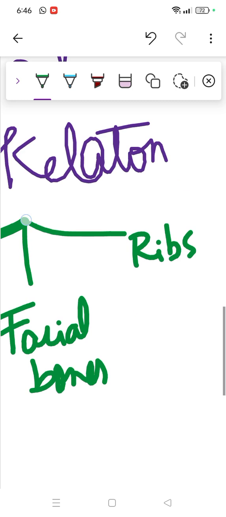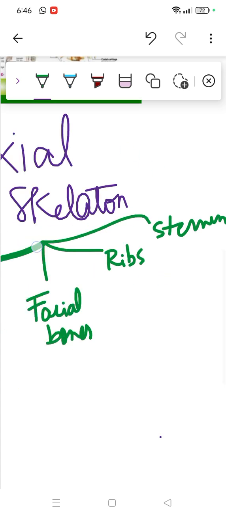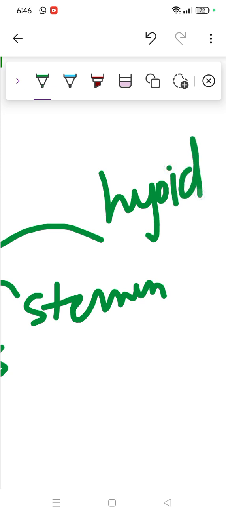Then we have another one called the sternum, and one more called the hyoid. The hyoid is a bone present down to the tongue.